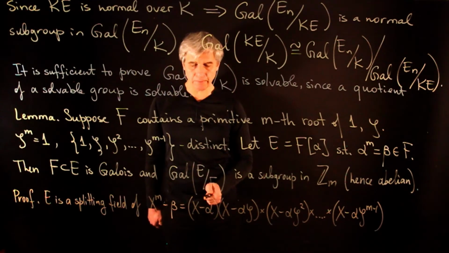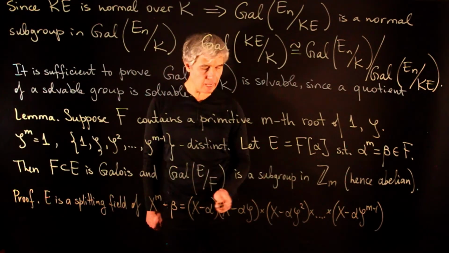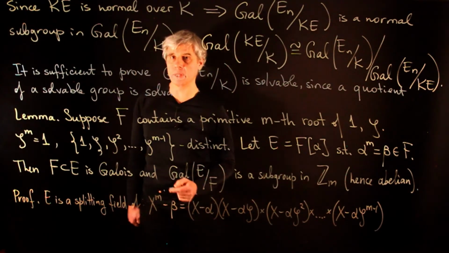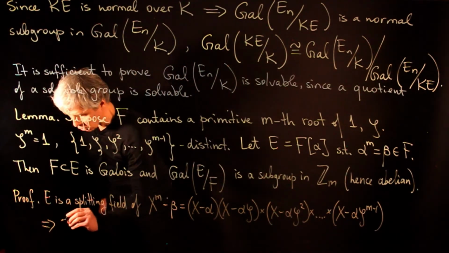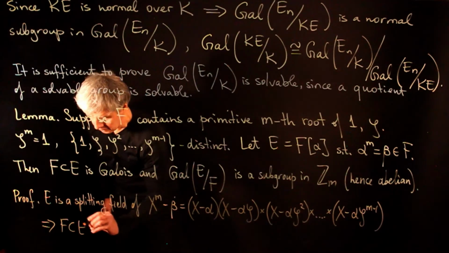And we see that the field E will contain m distinct roots of this polynomial. Since E is a splitting field, we conclude that the extension F to E is Galois.